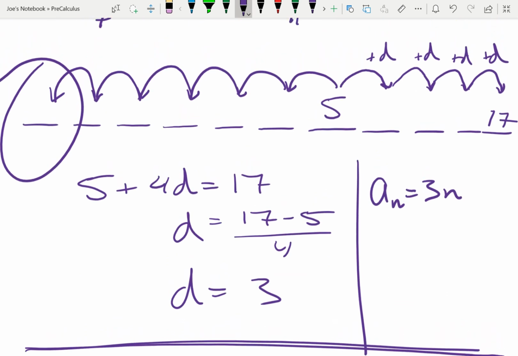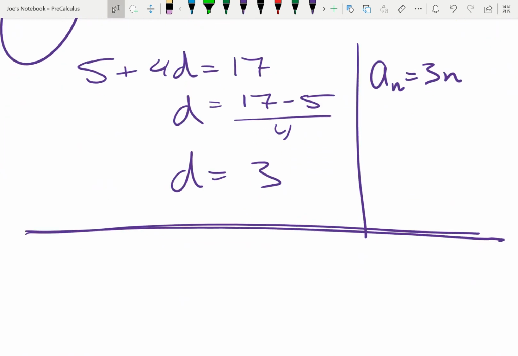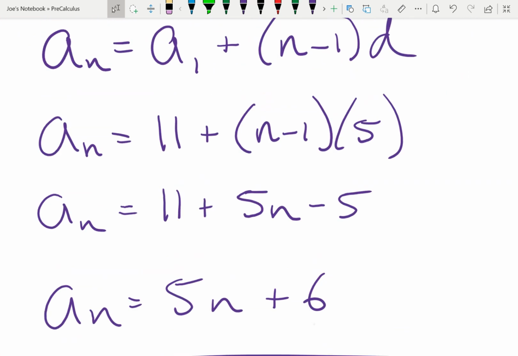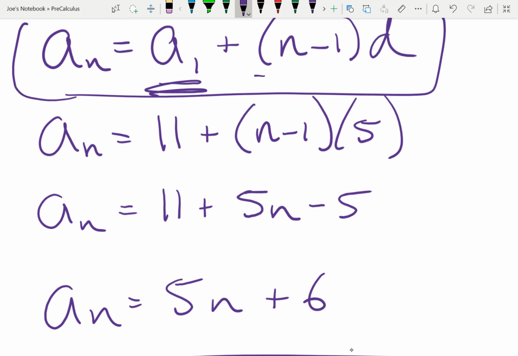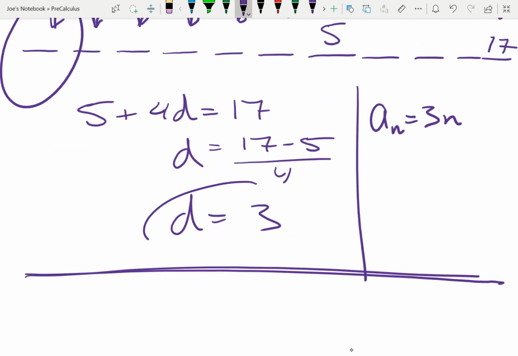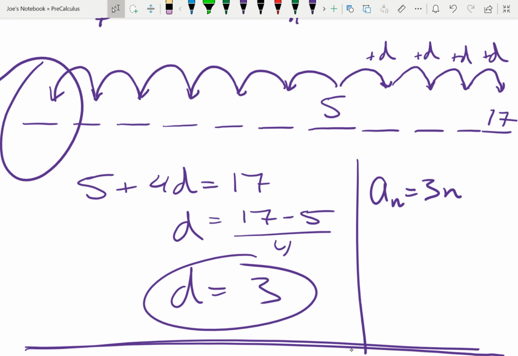Actually, you know what? Let's extend that. I could find my first term and plug it into this formula right here. You could do that. Or we could extend what we've just done. So let's say we found our difference was 3. A sub n is definitely going to be 3n.